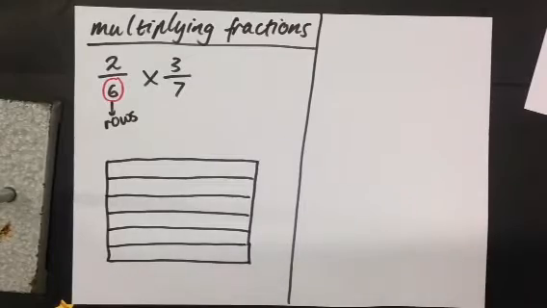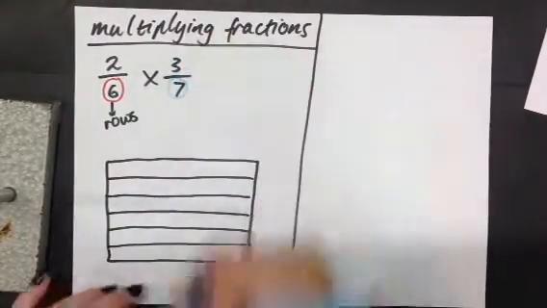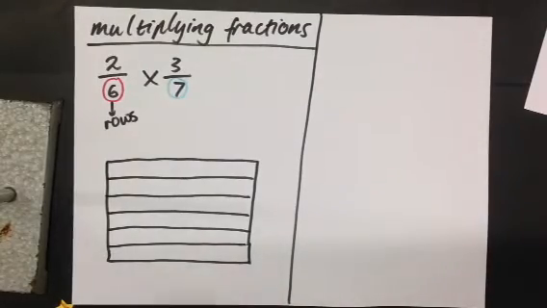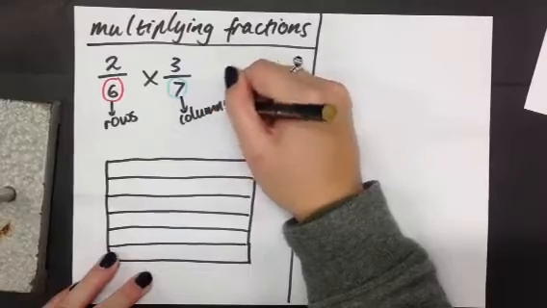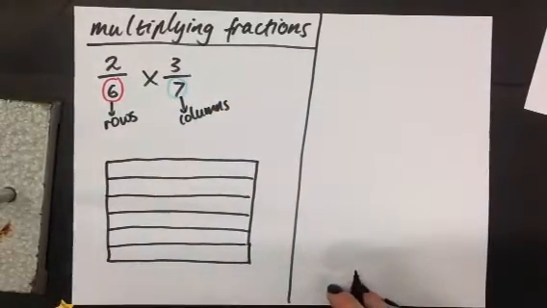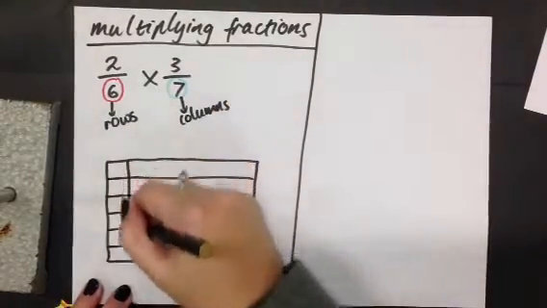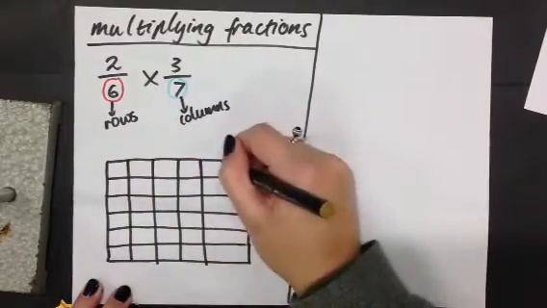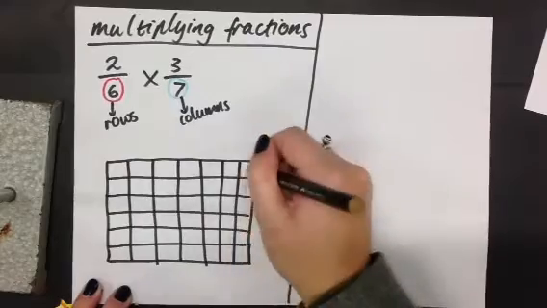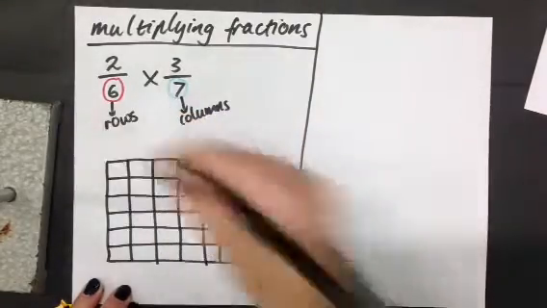And the second bottom number tells you how many columns you need to divide your grid into. So 7. 2, 3, 4, 5, 6, 7. Great.